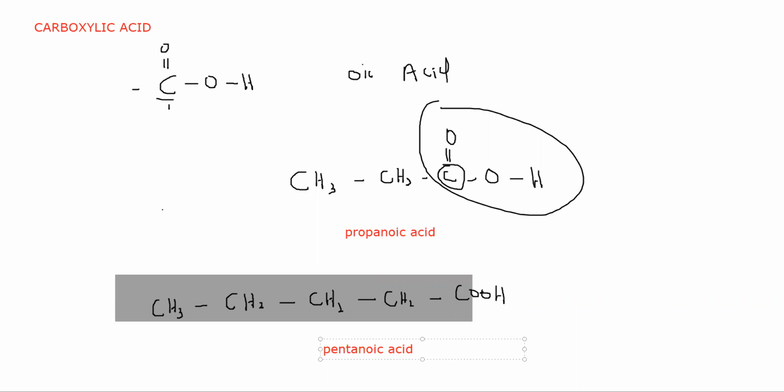Pent because they have 5 carbons, an because there is a single bond, and oic acid due to this functional group, C double bonded with O and OH. So carboxylic means the functional group is C double bonded with O and OH, or you can also say COOH.